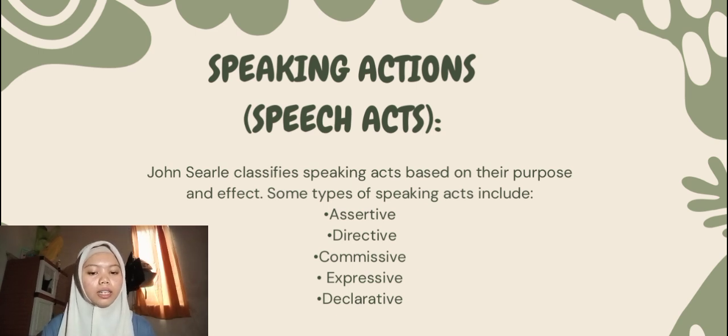And the next, directives, giving a command or request. Close the door. And the next, commissive, making a commitment. I promise I'll come. And the next, expressive, expressing emotional attitude. I'm so happy. And the next, declarative, bringing about a change. For example, I declare this meeting adjourned.